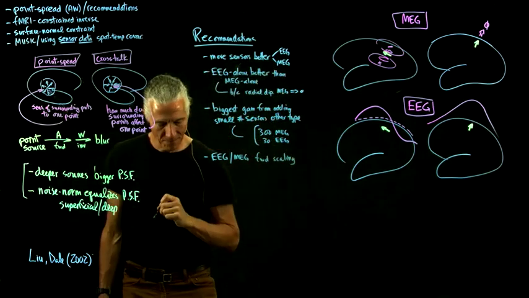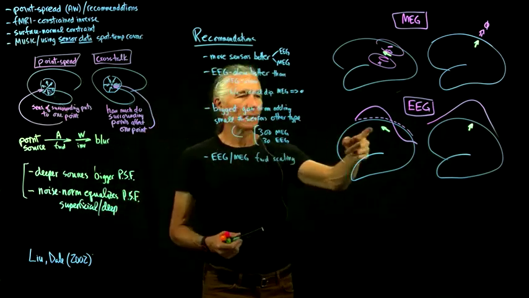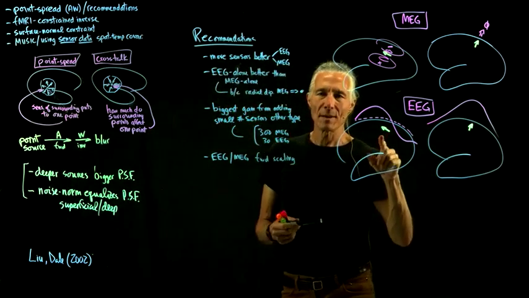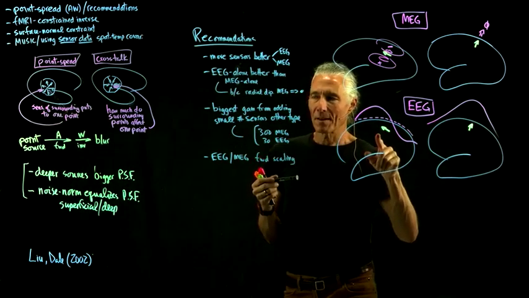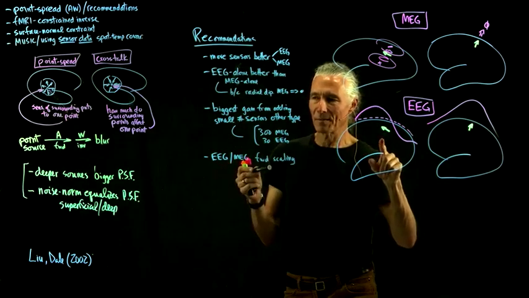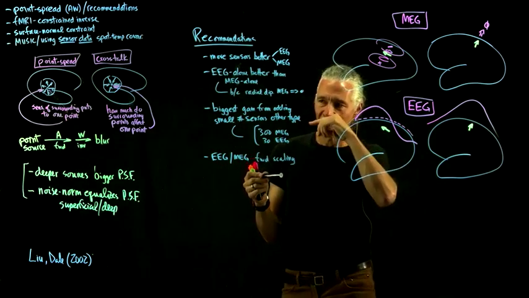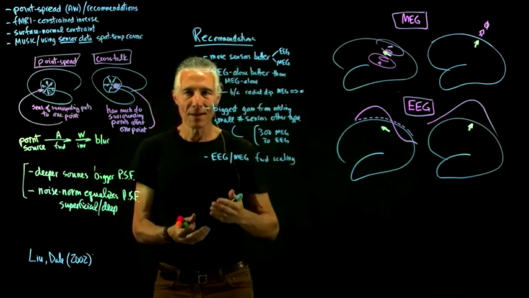And so what does that mean? That means, for a given source, when we calculate our forward solution, there's enough unknowns in it that we can be off between the effect of a single source on EEG and the effect of a single source on MEG. So, in other words, there's just this sort of unknown number in there.